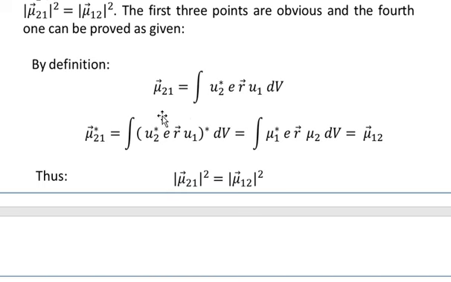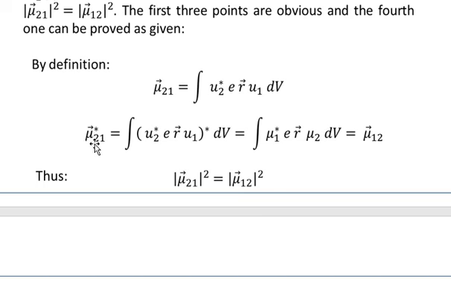By definition, mu21 is the integral of u2 star e r u1 with respect to dv. Star is actually the complex conjugate of u2, but I shall be calling it star. Now let's take the complex conjugate of both sides.